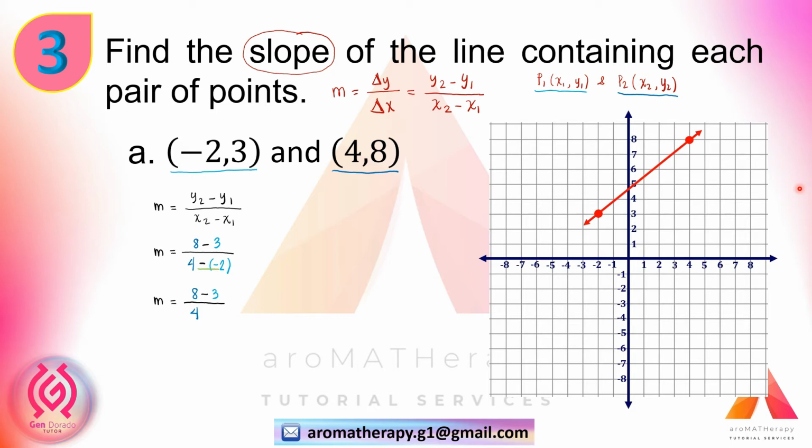Since negative times negative is equal to positive, so we write plus 2. Can you follow? Okay, let's continue. So we have M is equal to 5 over 6. So this is our slope, 5 over 6. Understood? Now, let's try to interchange the points and see whether we'll come up with the same slope.